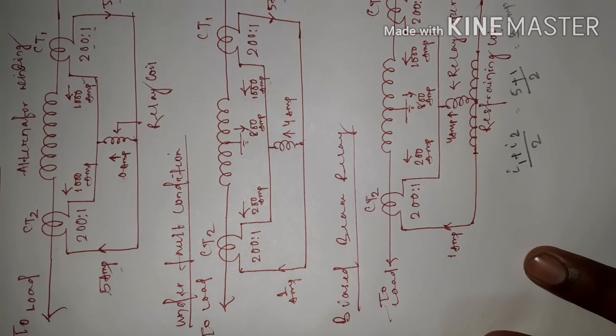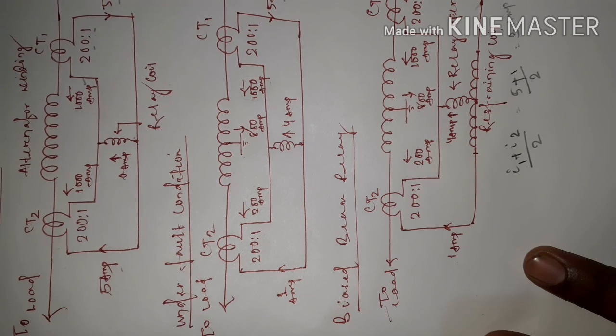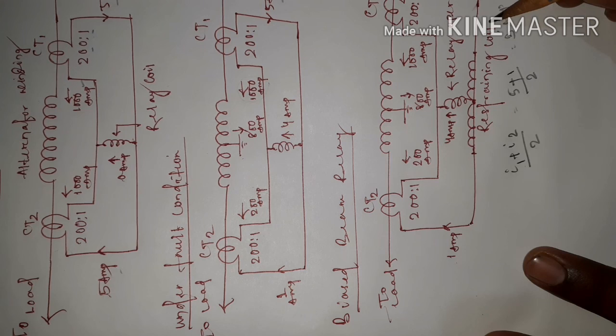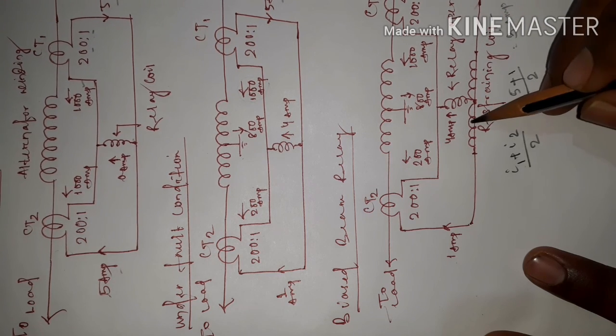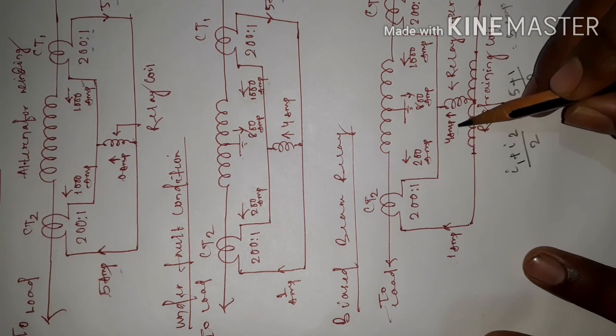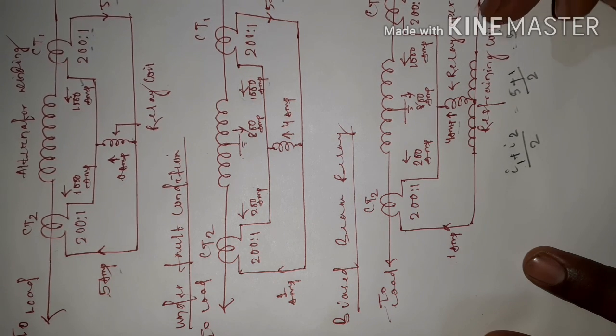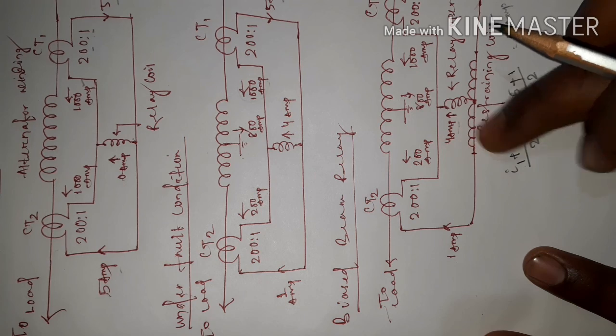If this example is taken into consideration, the current flowing through the restraining coil is 3 ampere, whereas the current flowing through the relay operating coil is 4 ampere. So in this fault condition, the relay is able to operate.